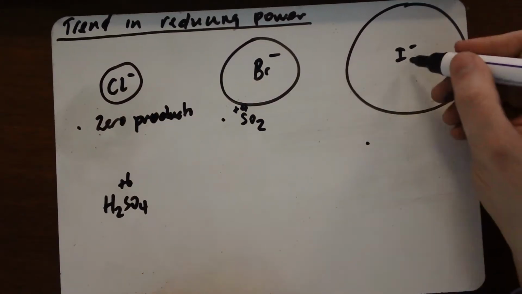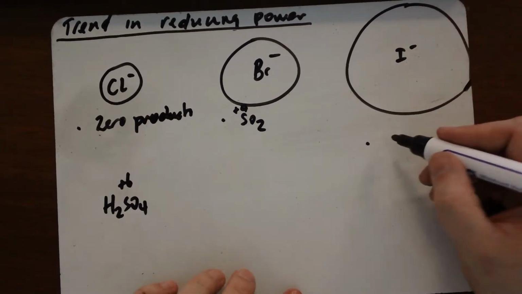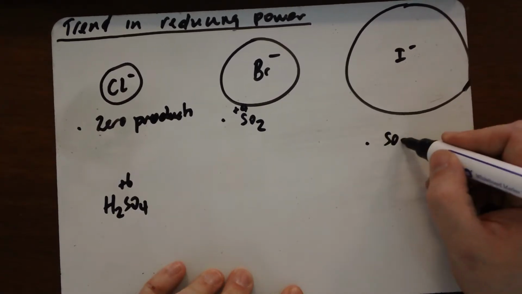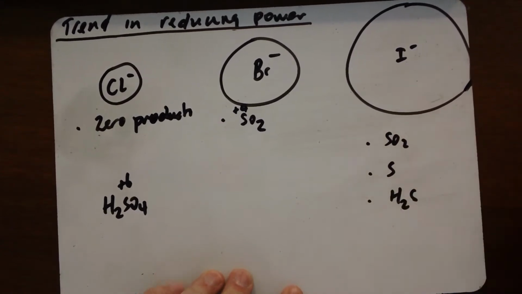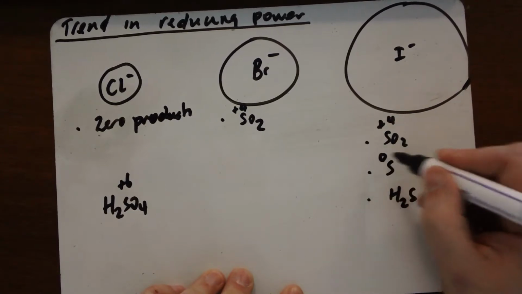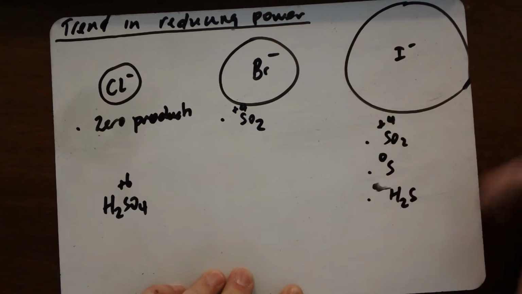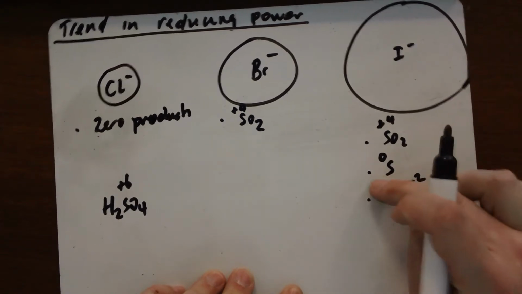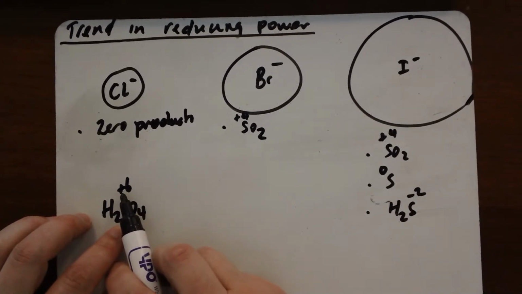However, if we look at iodide, being a considerably bigger atom, we can produce SO2, S, and H2S. And if we look at the oxidation states of each, this is +4, this is 0, and this one is -2. So what that means is that the sulfur in sulfuric acid starts as +6.